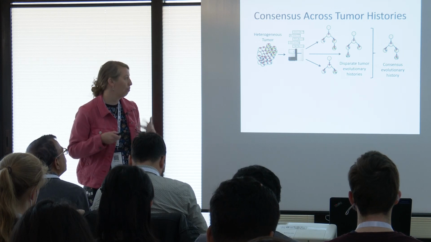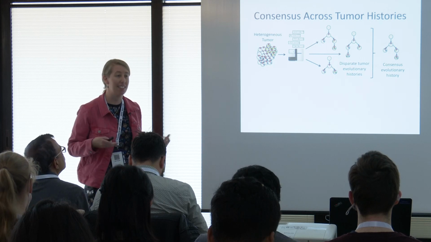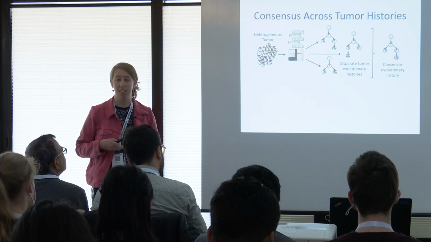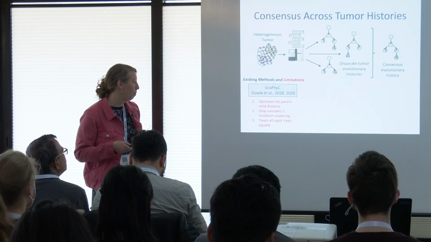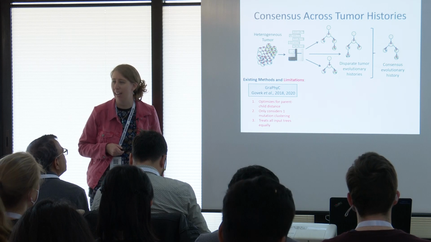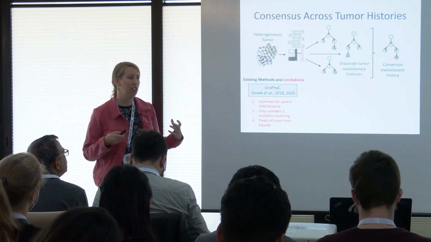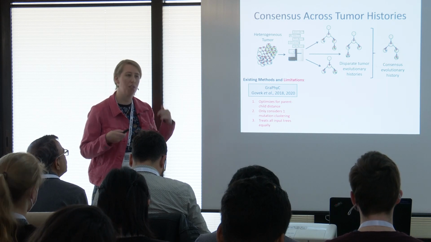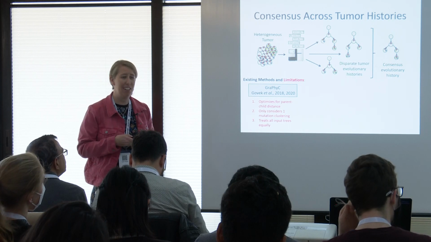So there's been recent interest in thinking about how can we combine these to create a consensus evolutionary history that maybe gives us the important information from across different trees. So one method, GraPhyC, which came out of my lab, used a graph-based approach to try to create this tree, and in particular looking for one that minimized a total distance from the input trees to the consensus trees. There were a number of different limitations.